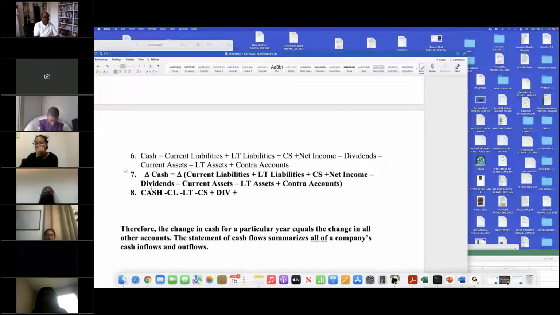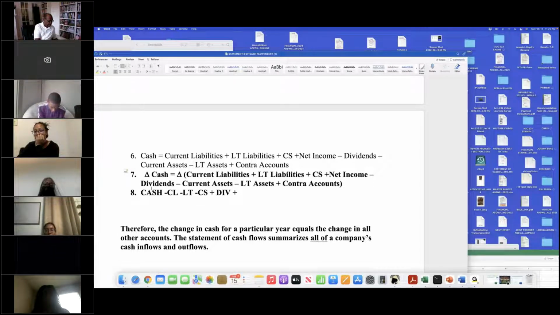And plus the long-term assets. Assets are going to be added, and then the contra accounts are going to be subtracted. Minus the contra accounts. Correct, because remember on the other side, when they get back over here, they're normally subtracted. And the only thing we have left on this side is what? Equals what? Net income. Okay.